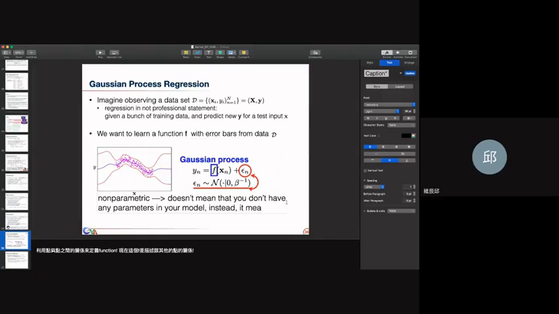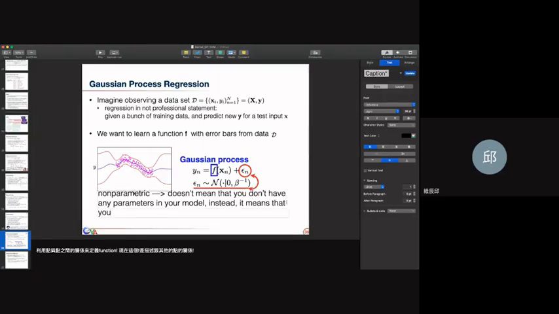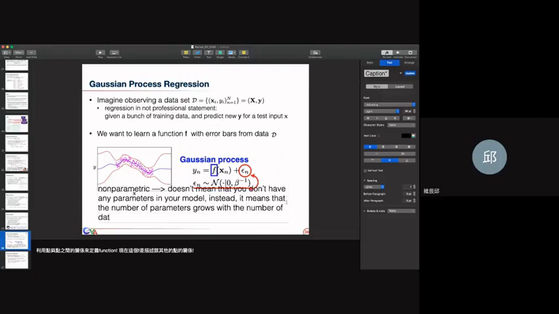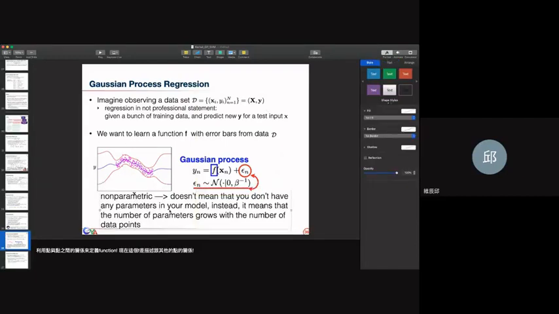Instead, it means that the number of parameters grows with the number of data points.